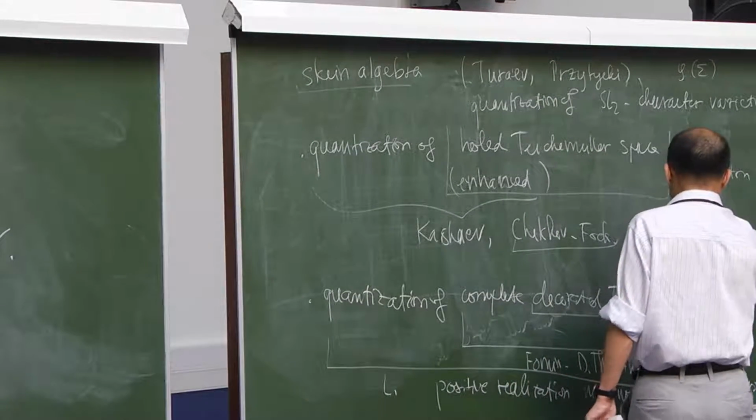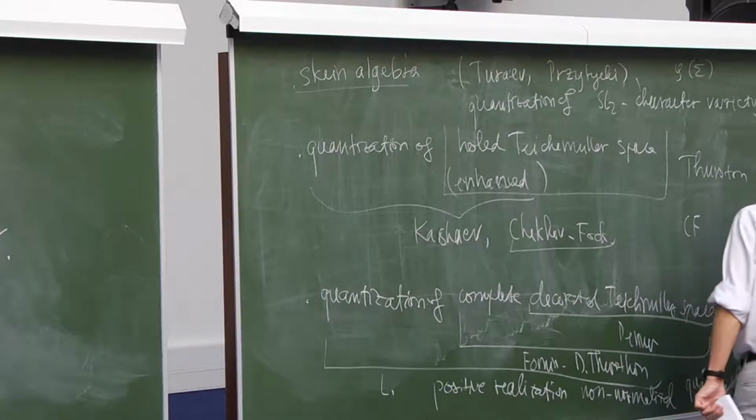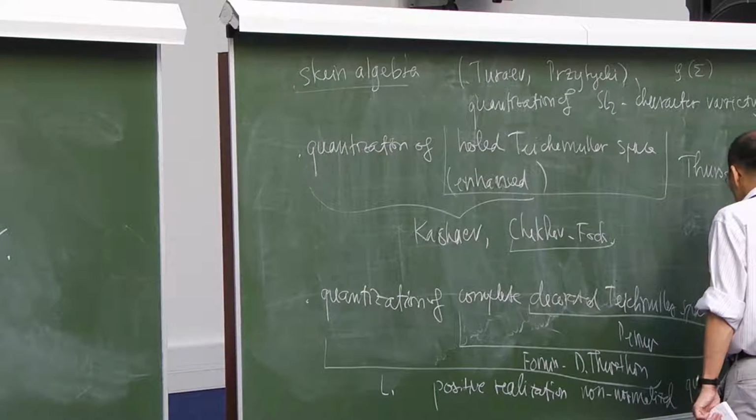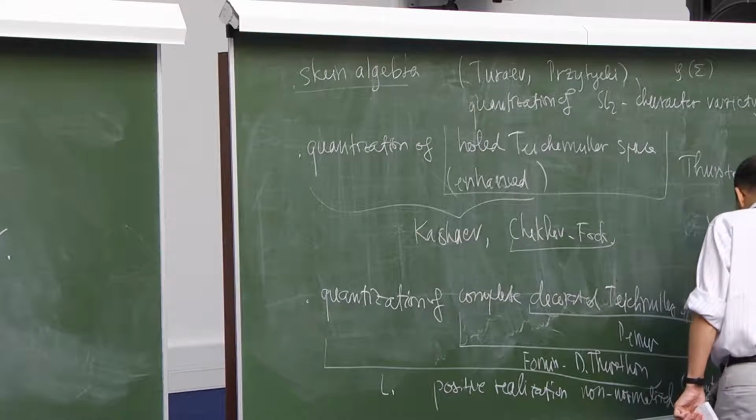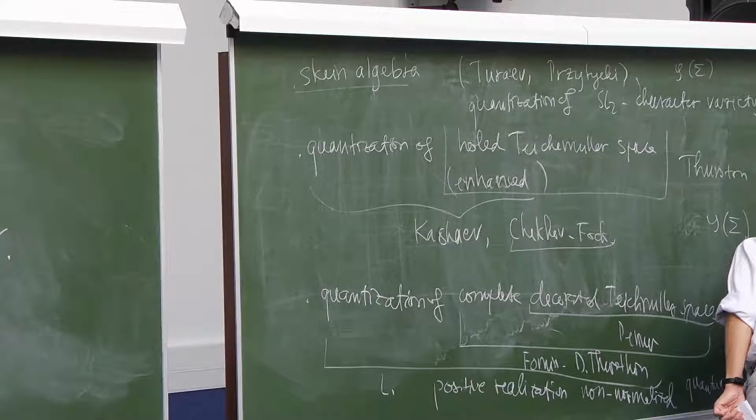Okay, so this is the Chekhov-Fock algebra, so let us call this just Y of sigma, which depends on some triangulation, and this, let us call this X of sigma.